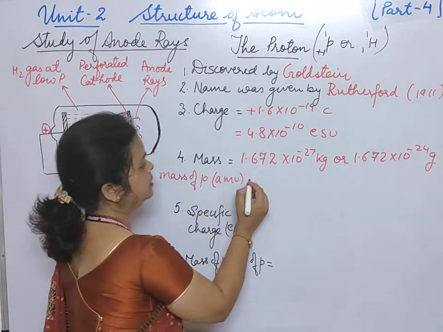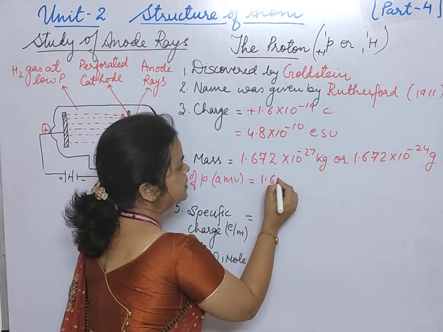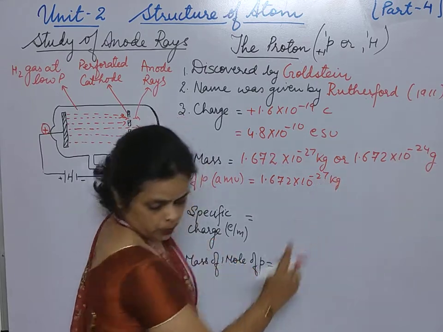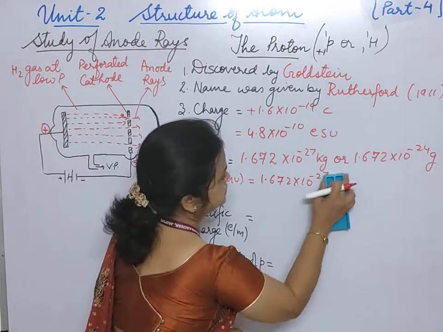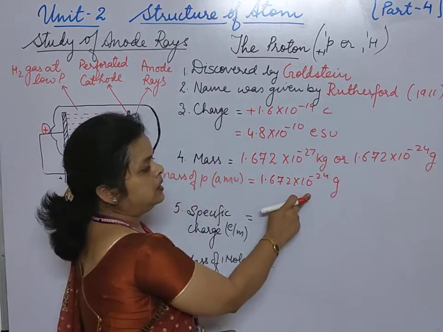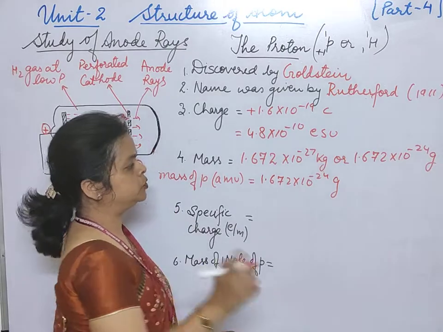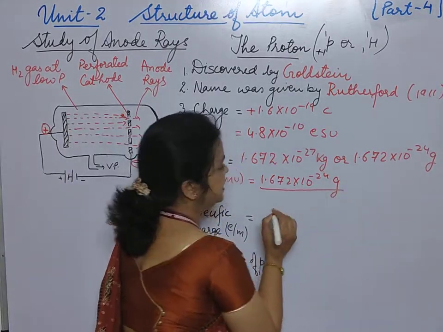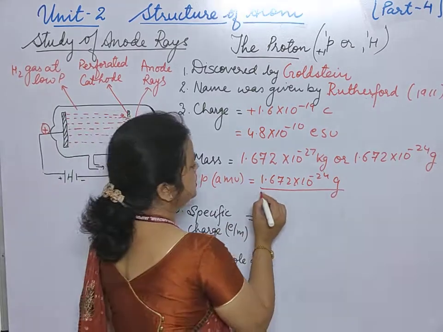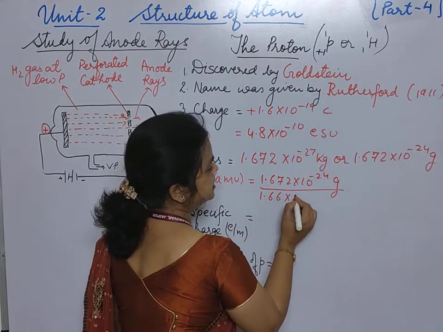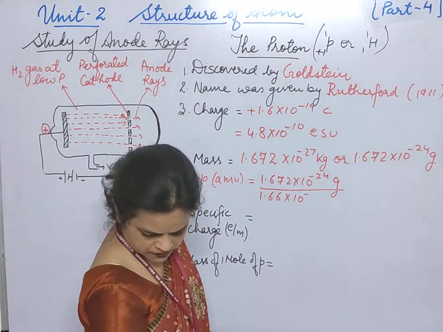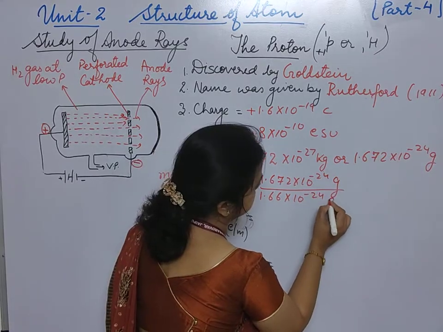So here we calculate: the mass of one proton, 1.672 into 10 to the power minus 24 grams, is divided by the mass of 1/12 of one atom of carbon 12, which equals 1.66 into 10 to the power minus 24 grams.